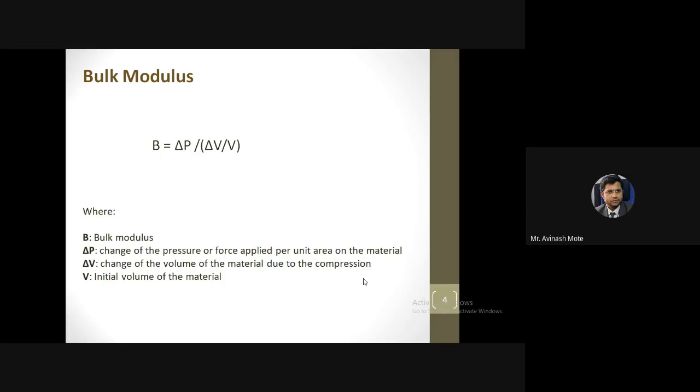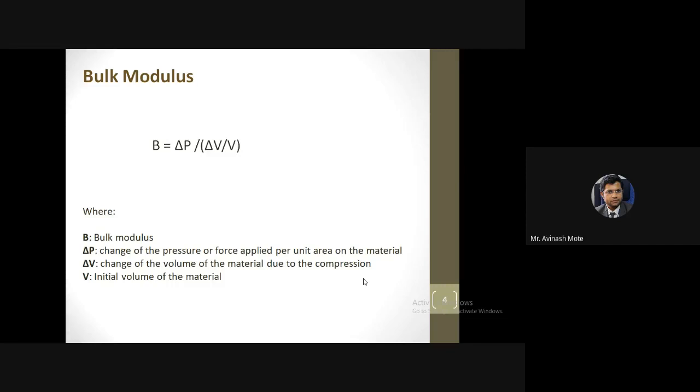So in a similar way we are defining the bulk factor for this compression mold, but in a different way. So in bulk modulus, what is there? Delta P, application of pressure, so that there will be change in volume. Simple meaning, application of force or pressure so that there will be change in volume of the material.